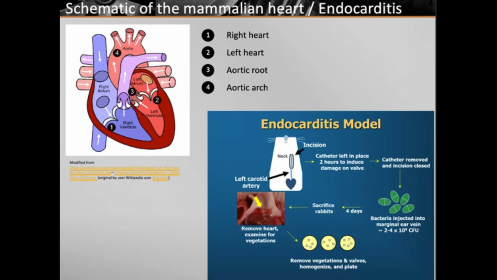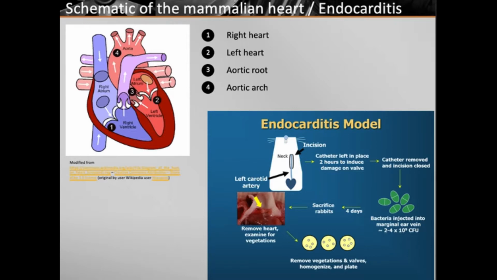Bugs like Enterococci cause subacute bacterial endocarditis, and what you get are symptoms that just drag on. Somebody with subacute bacterial endocarditis shows up in the clinic saying, I just don't feel myself, I feel kind of crummy, I'm tired all the time. You do an anemia workup, and then you say, come back in a few months, we'll see how you're doing. And they come back in a few months, and they don't have any heart valve left because it's been eaten up by the bacteria.